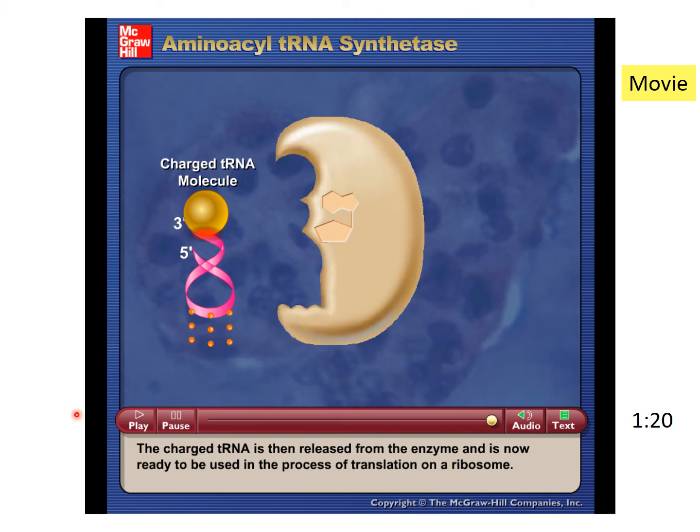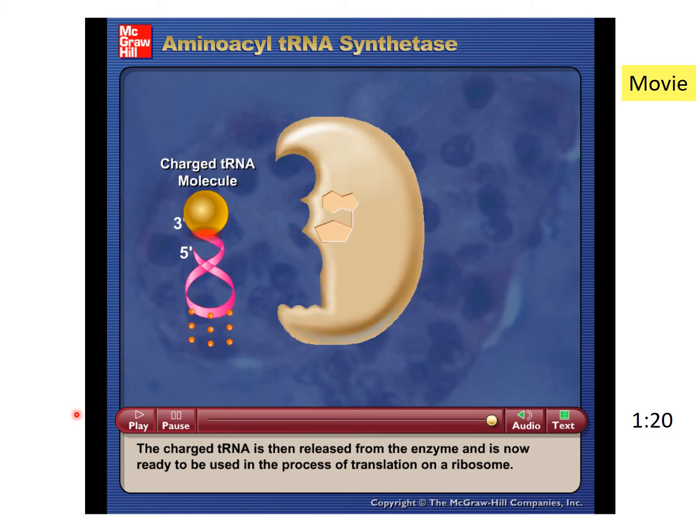Aminoacyl tRNA synthetases catalyze the formation of charged transfer RNA. To begin the process, a specific aminoacyl tRNA synthetase binds a particular amino acid and also a molecule of ATP at its active site. A covalent bond is formed between AMP and the carboxyl group of the amino acid, and pyrophosphate is released from the enzyme. A specific tRNA that has an anticodon that corresponds to the amino acid then binds to the synthetase.